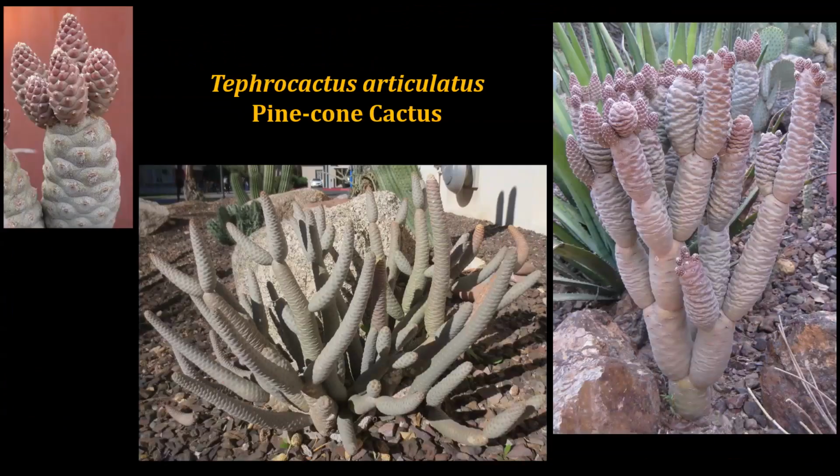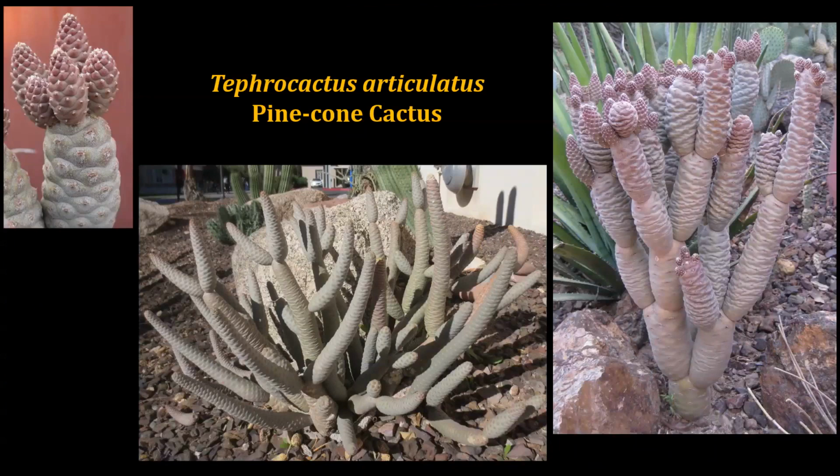This is a cool one, pinecone cactus. Now there are some variations on this. This one has almost a smooth stem. You can see how it gets the name. Young new stems developing look like pine cones. But this one, it's kind of smooth. It does have glochids, but they're actually inverted at that areole point, inverted into the stem.